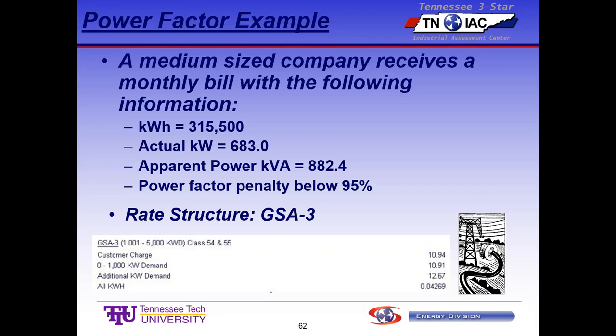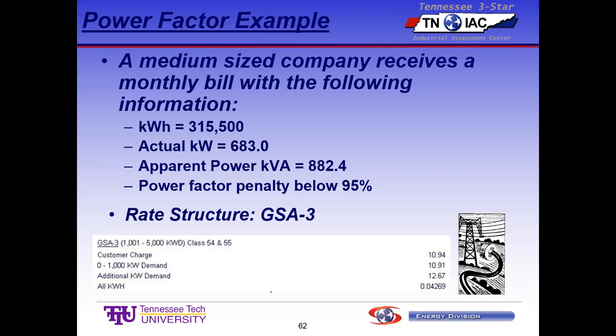And you see the rates. This is a GSA 3 rate. It's supposed to be between 1,000 and 5,000 kW demand, but I kind of violated that. But anyway, that could be their contract demand for sure. The customer charge back in the day was $10.94. They get to pay that just for the privilege of being a customer.